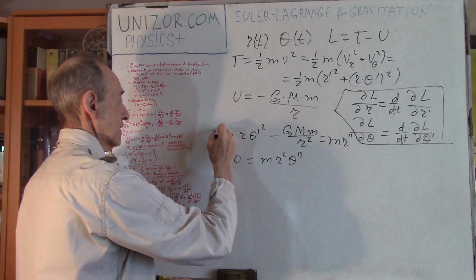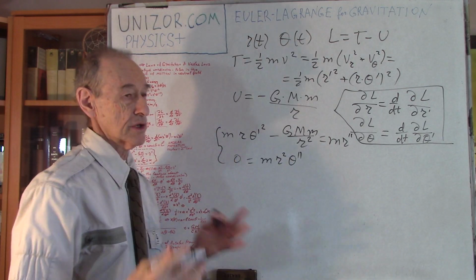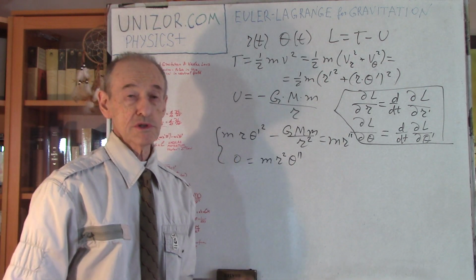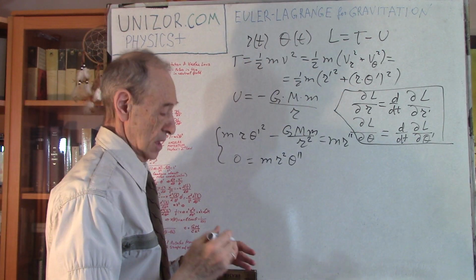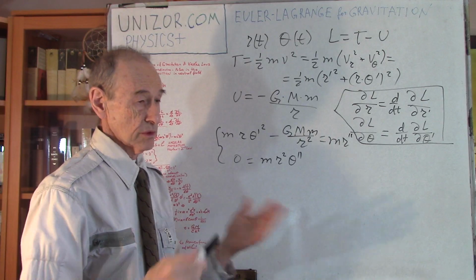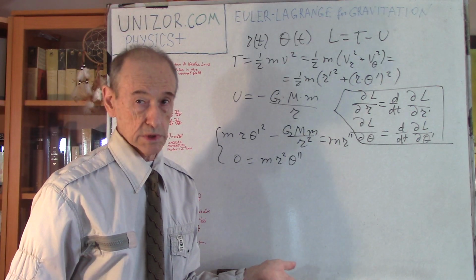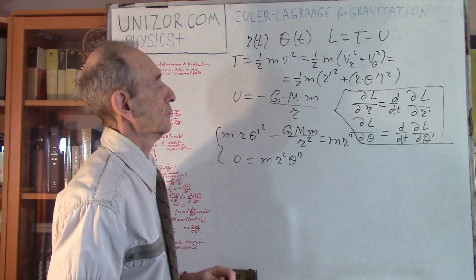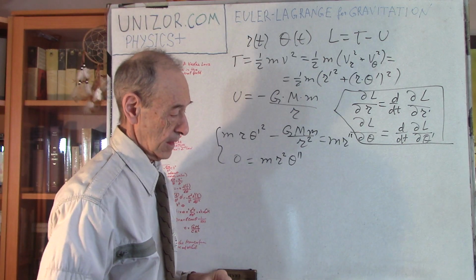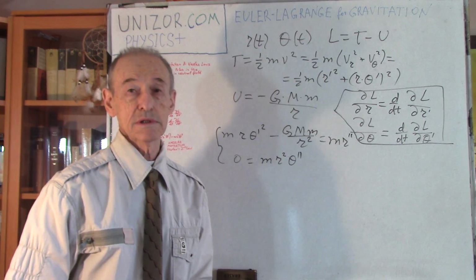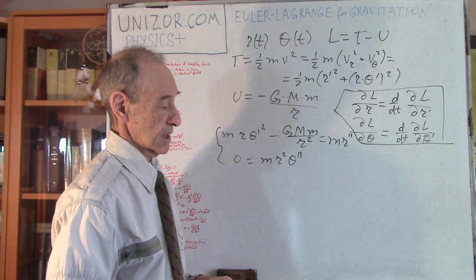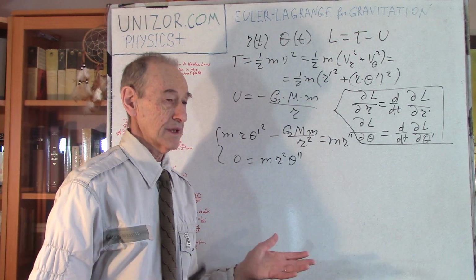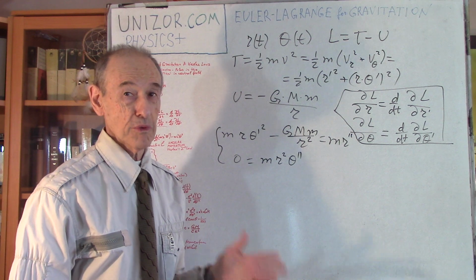Okay, so basically these are two differential equations for two functions, r of time and theta of time, and the solution is whatever we need: the generalized coordinates' dependency on the time as the planet moves around the sun. Well, obviously that's not really nice to stop the point here.